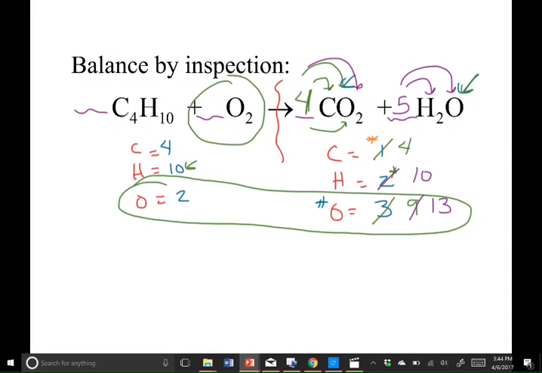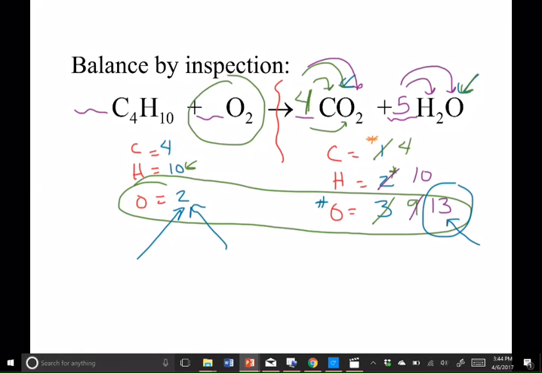Now, we run into this with oxygen, especially if we leave it to the end like this. Notice that they come in pairs, but the number that I need is an odd number. So what I like to do is go with halves. If I need 13, do you buy this?